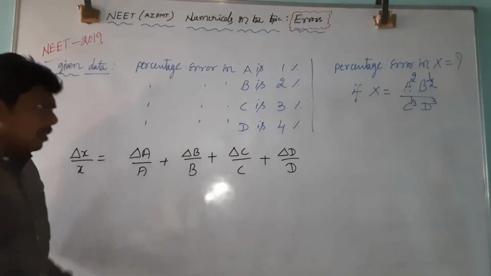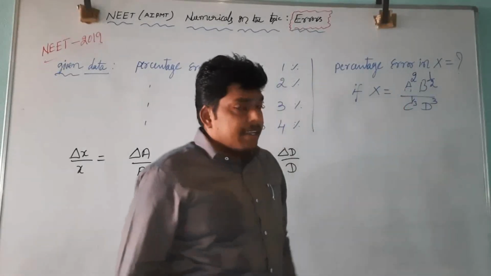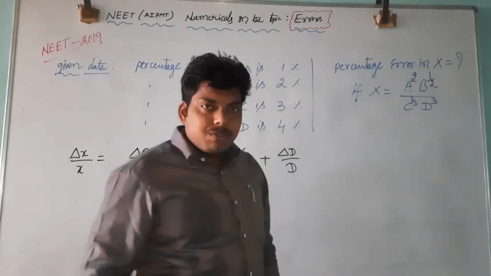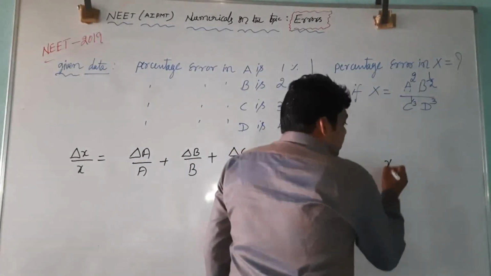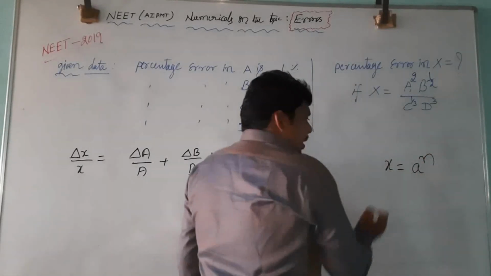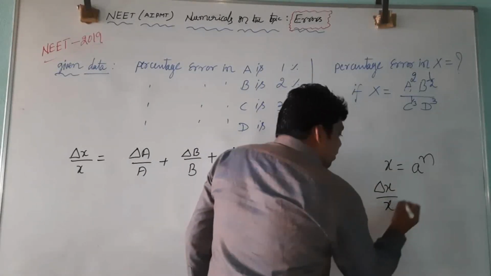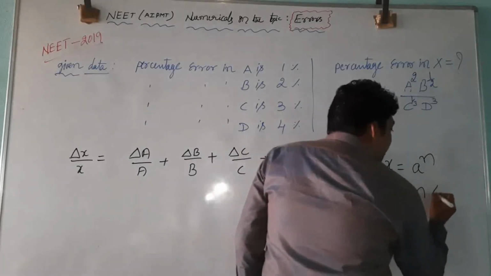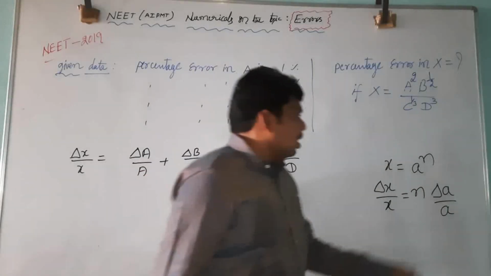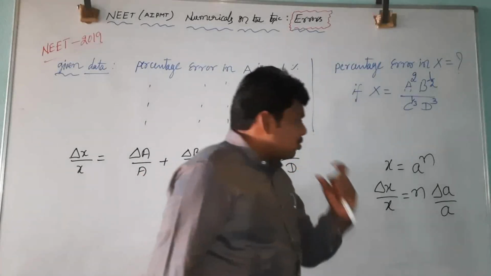Now, is there only product of certain quantities and ratio of certain quantities? No. Along with that one, power of certain quantities. The error due to power of a physical quantity is given by, if X is equals to A to the power N, relative error in X is given by delta X divided by X is equals to N into delta A by A. And you should remember one condition: whatever the power is there, whether it may be positive or negative, we should take the magnitude only.